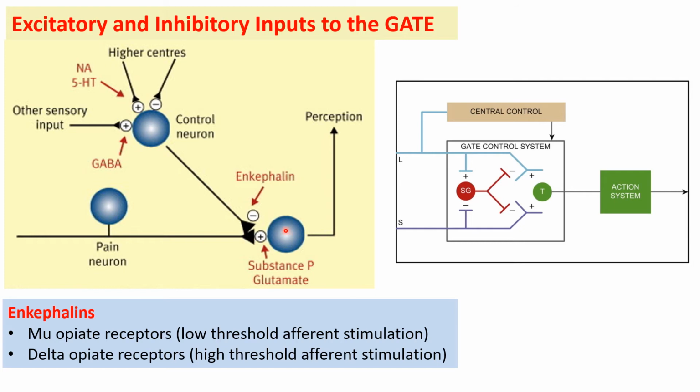Let us consider the excitatory and inhibitory inputs to the gate. The main gate is located here in the T cells, the transmitter cells, the projecting neurons. The pain fibers, the A delta and C fibers, excite these projecting neurons and the pain is perceived.